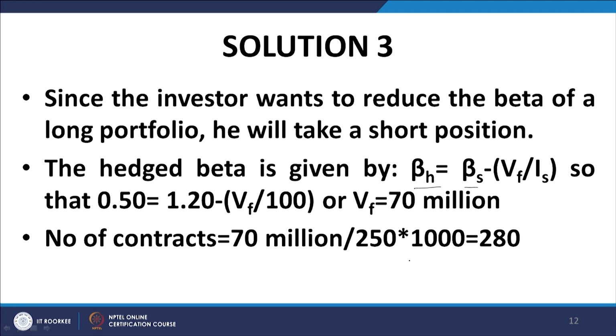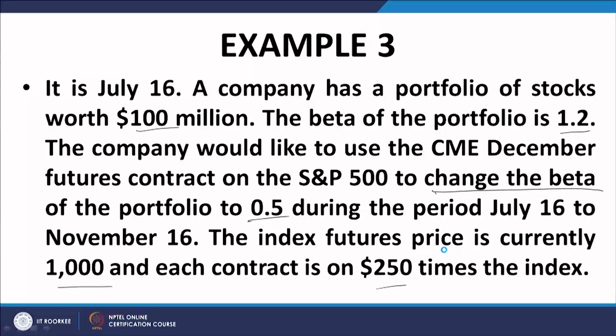The number of contracts is the value in the futures market divided by the value per contract, which is 250 times the current index value, which is nothing but 280. You can see, if you have a look here, the current futures price is 1000, the index multiple is 250. So, the current value of a futures contract is 250 into 1000, and we worked out that the exposure in the futures market for the hedge is 70 million.